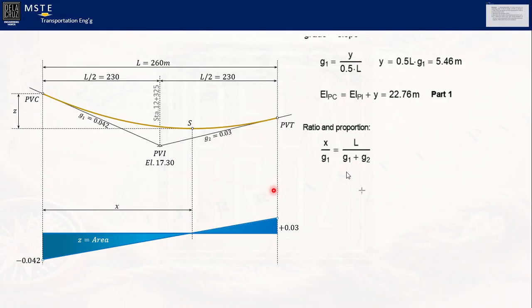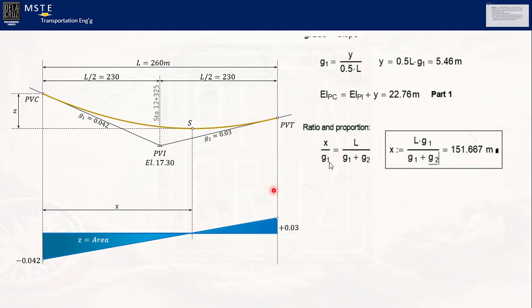Again, this should be positive lahat. Then the value of x here is equivalent to L times G1 divided by G1 plus G2. Alright, so that would be the value of x. We just cross multiply yung G1 natin. Now, next.